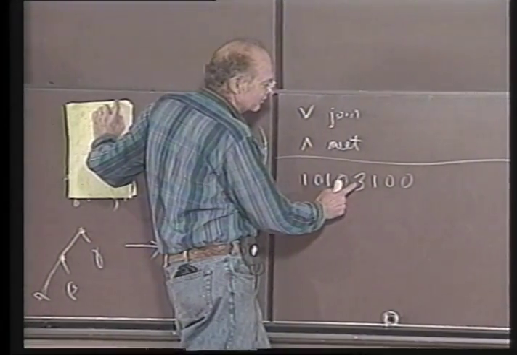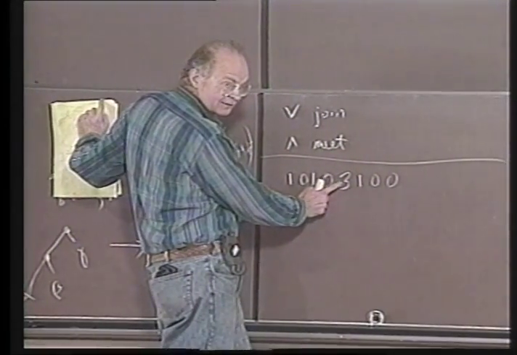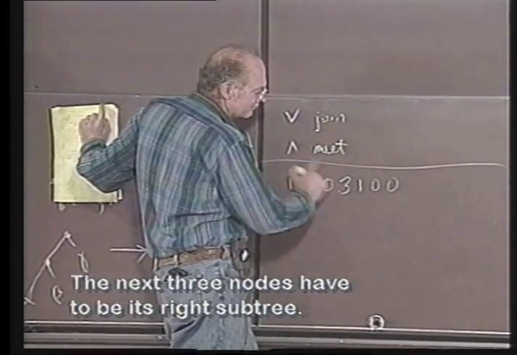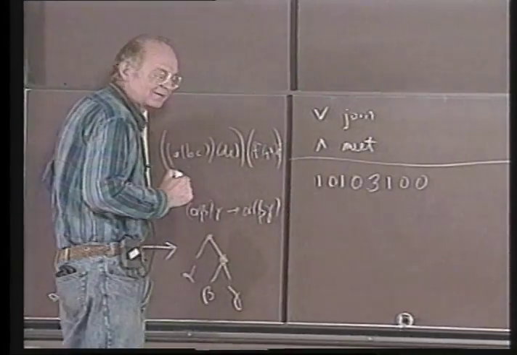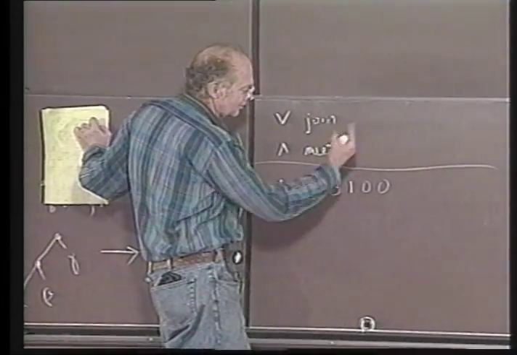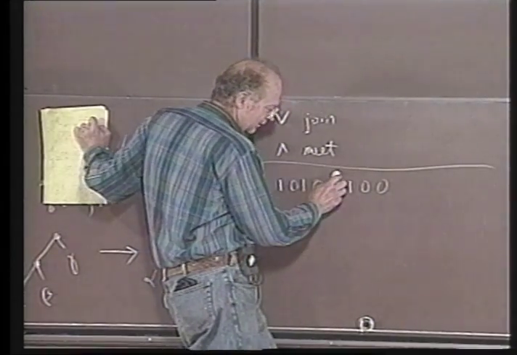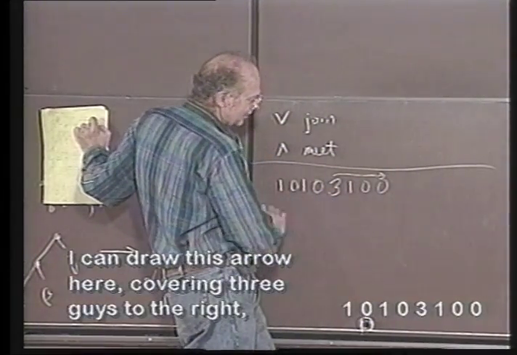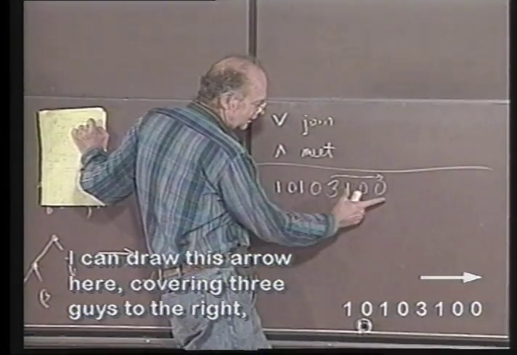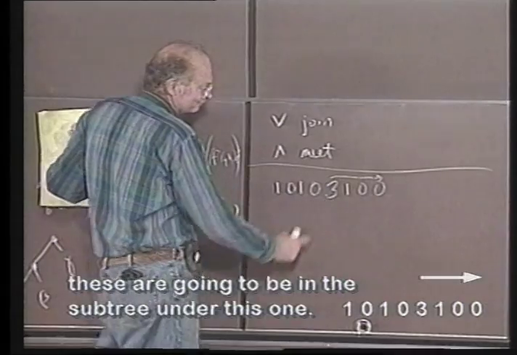It means that there are three other nodes. In fact, the next three have to be its right subtree. I can draw this arrow here covering three guys to the right, saying that these are going to be in the subtree under this one.